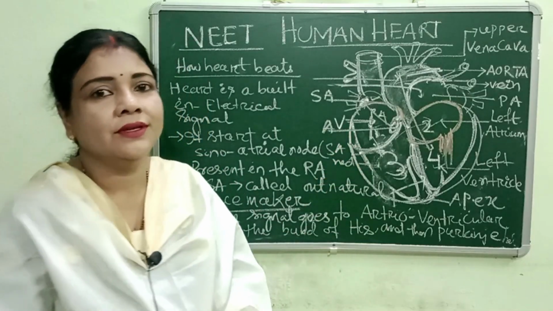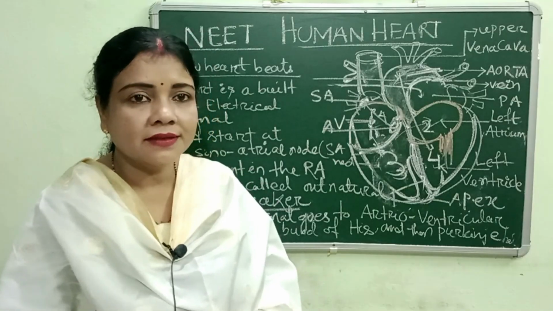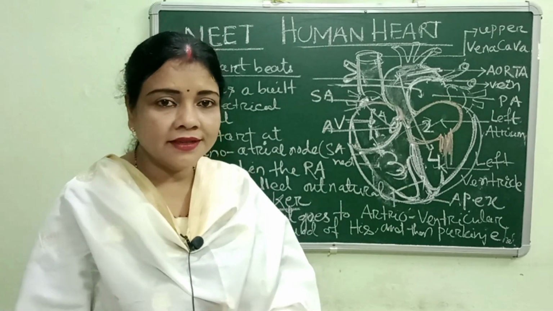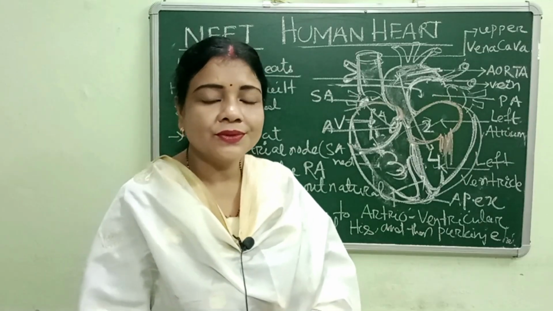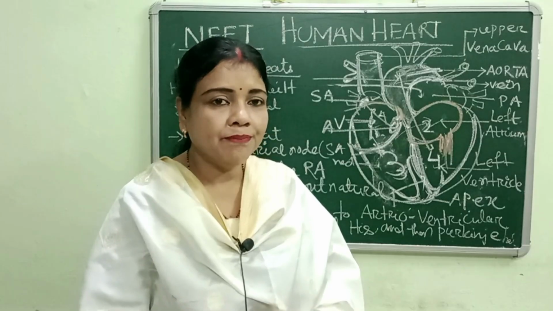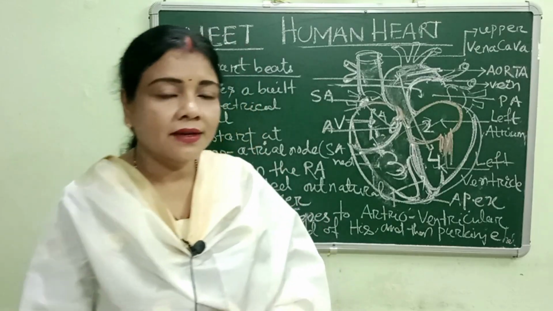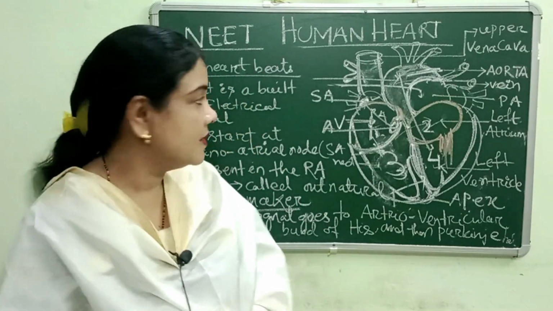Then how does our heart beat in a particular cycle? Our heartbeat, after measuring, is normally 72 beats per minute. So how does that happen in a regular rhythm?